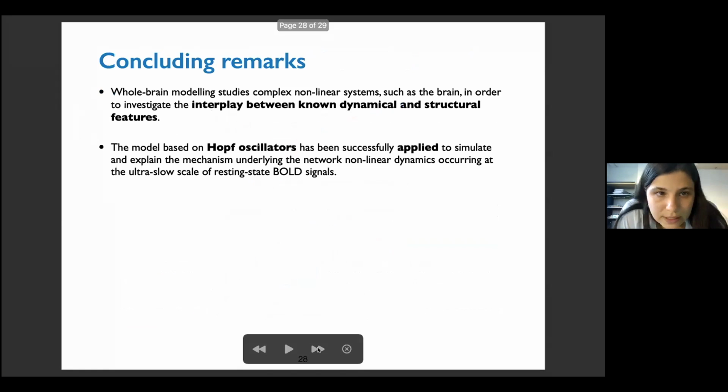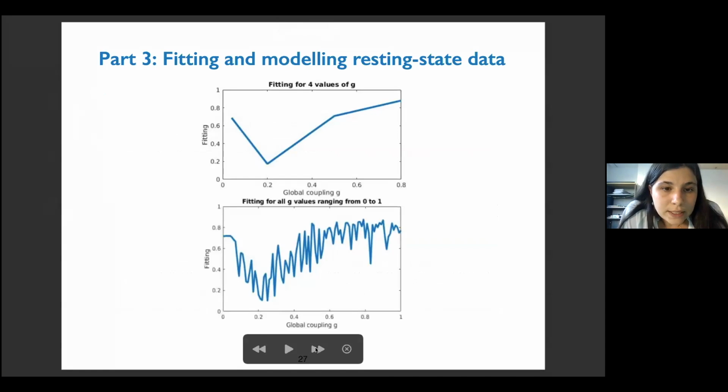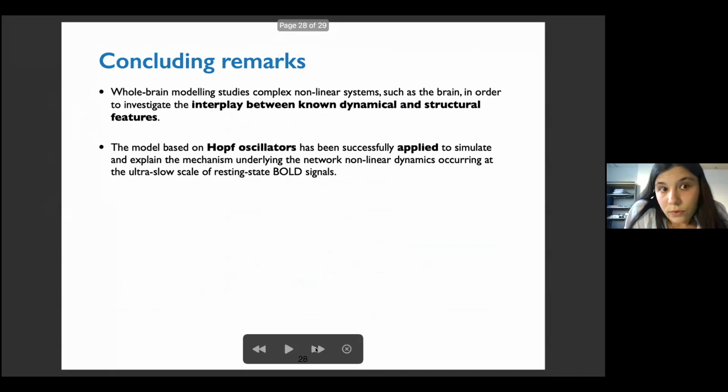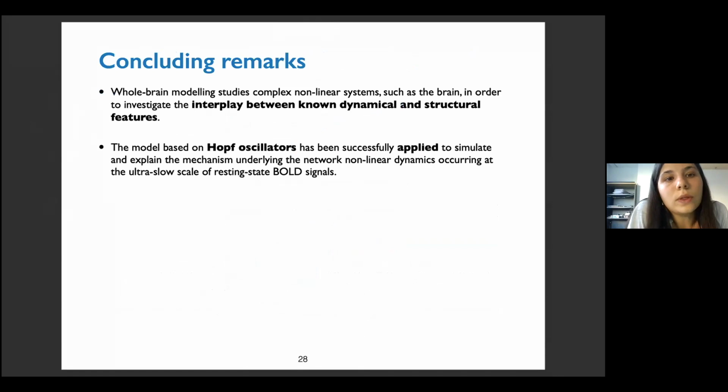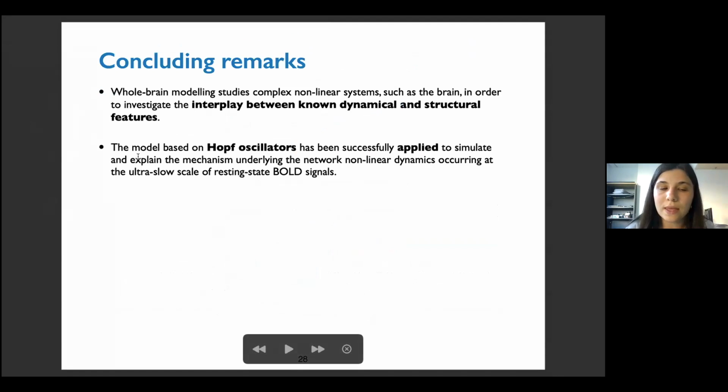And so, as I said, here we have the results for the third exercise. Also from this tutorial, we can conclude that whole brain modeling allows us to investigate the interplay between the dynamics and the structural features, as we have shown with the different exercises. In the first exercise, we only used the dynamical aspect of the Hopf oscillators.